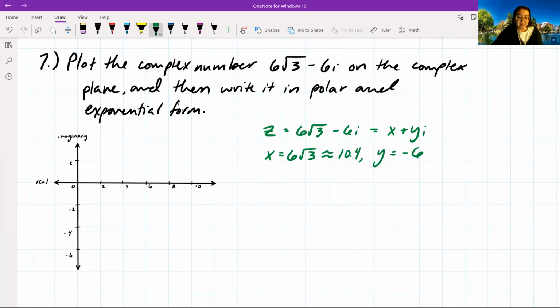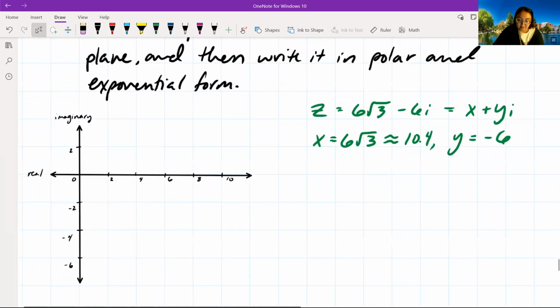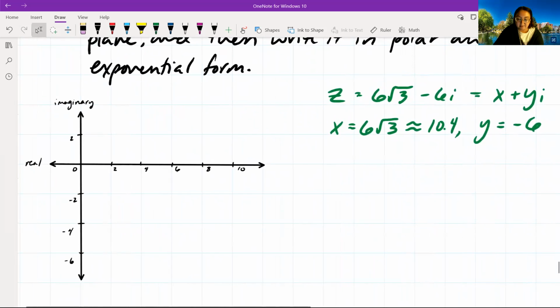So imagine that any value that you plot on the imaginary axis has an i attached to it. So in order to plot this point, all we have to do is find the x value, 10.4, which if we move down here, it's probably about right here. And then we go down until we get to -6.